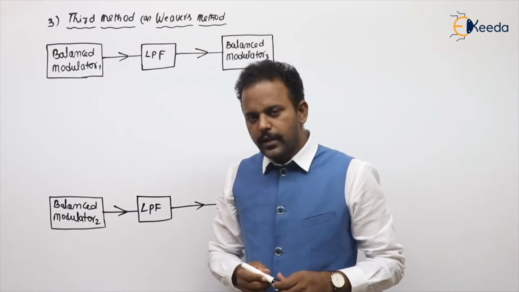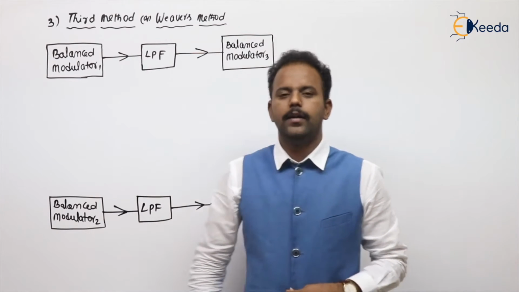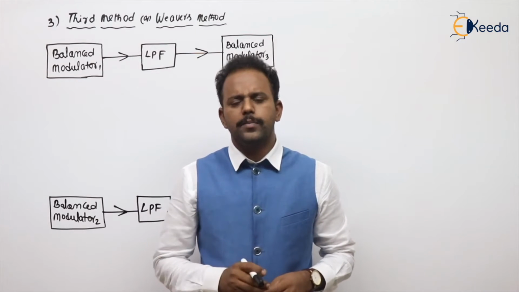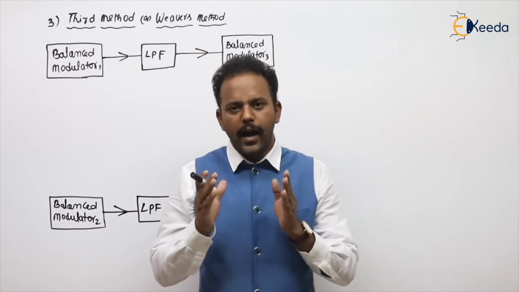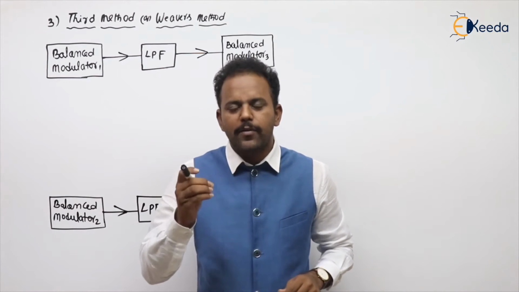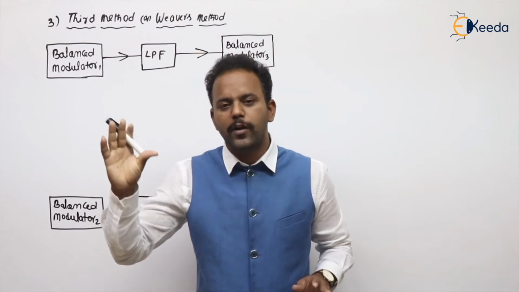What is this third method, or Weaver's method? I have written just a partial block diagram; I will write the full block diagram later. This Weaver's method, or third method, is developed by retaining the advantage of the second one, the phase shift method, which can generate the SSB signal at any frequency.